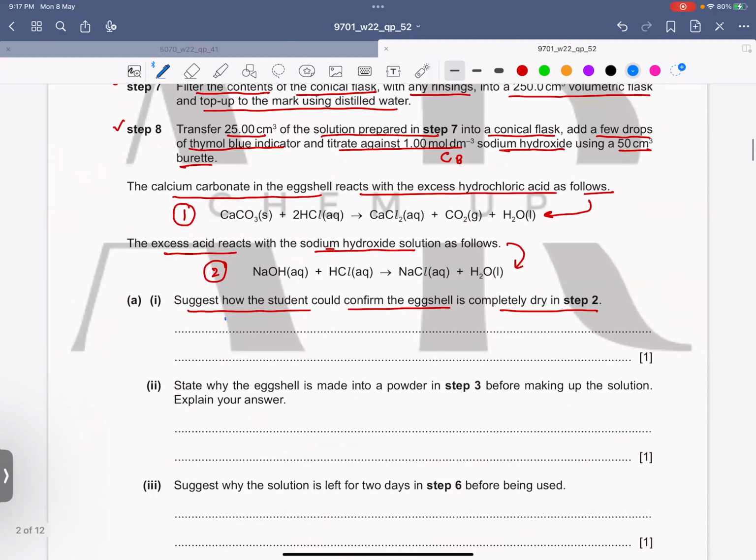So it means reheat and reweigh until mass is constant, right? So if the mass is constant in the two readings, it indicates that all the water must be lost.